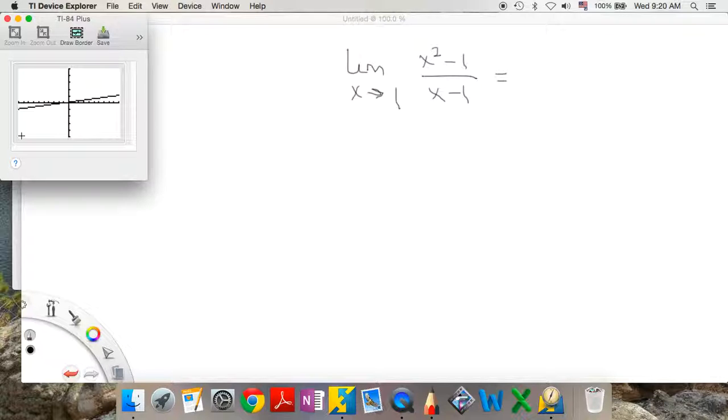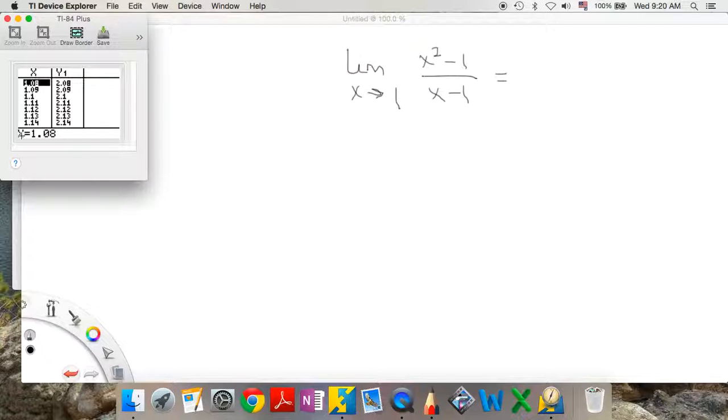But if we look at our table, hit second graph and go to the tables, we can see what happens at x equals 1. You can change your table settings so that it is right around there, so you don't have to arrow through everything. The table settings are above the window button.